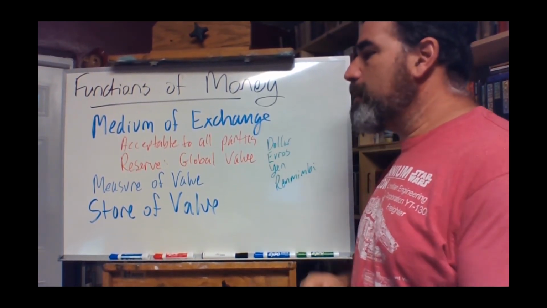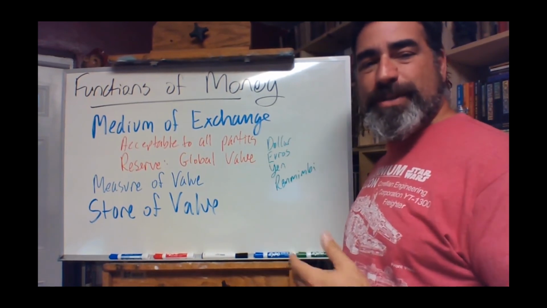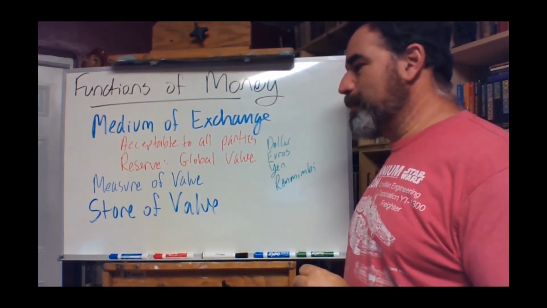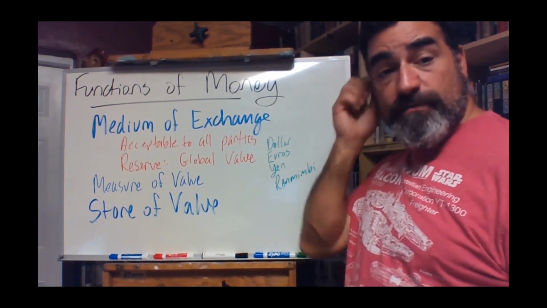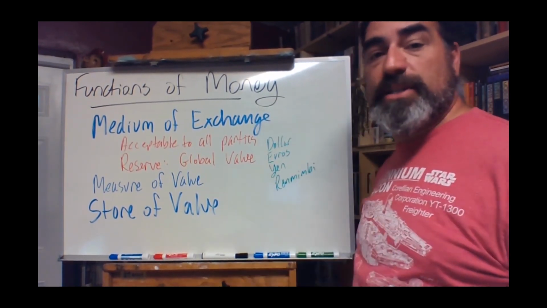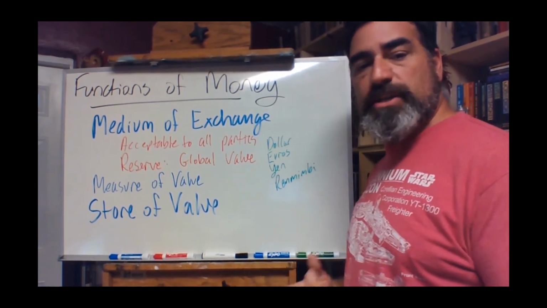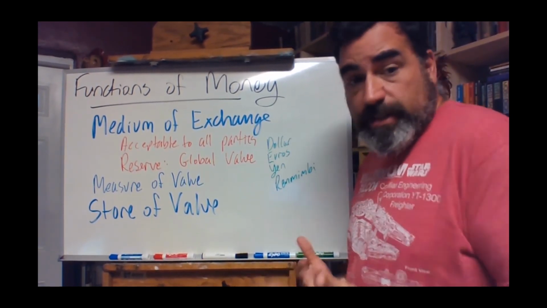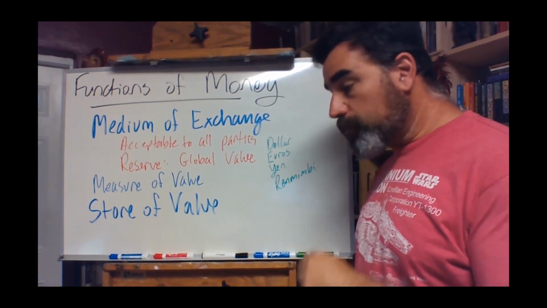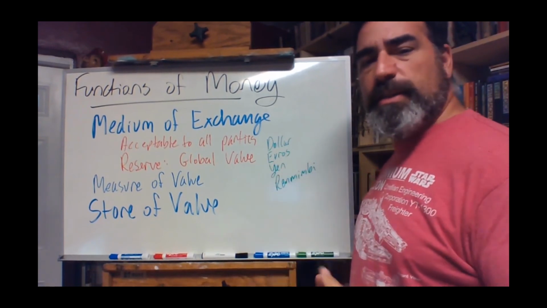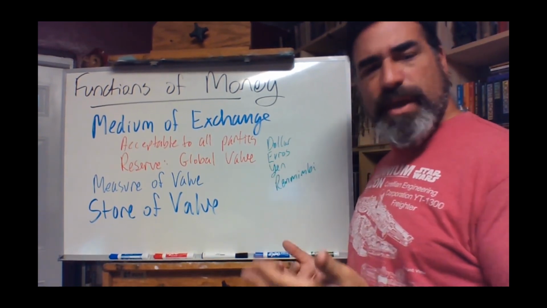That becomes a problem when you're dealing with currencies that are not as stable as the dollar, because then that currency may not have value in 20 years. It may not exist in 20 years for some countries that are just getting started. That was also true for the United States when it was first getting started. But currencies like dollars, euros, yen, and renminbi, these major currencies, are going to have value.